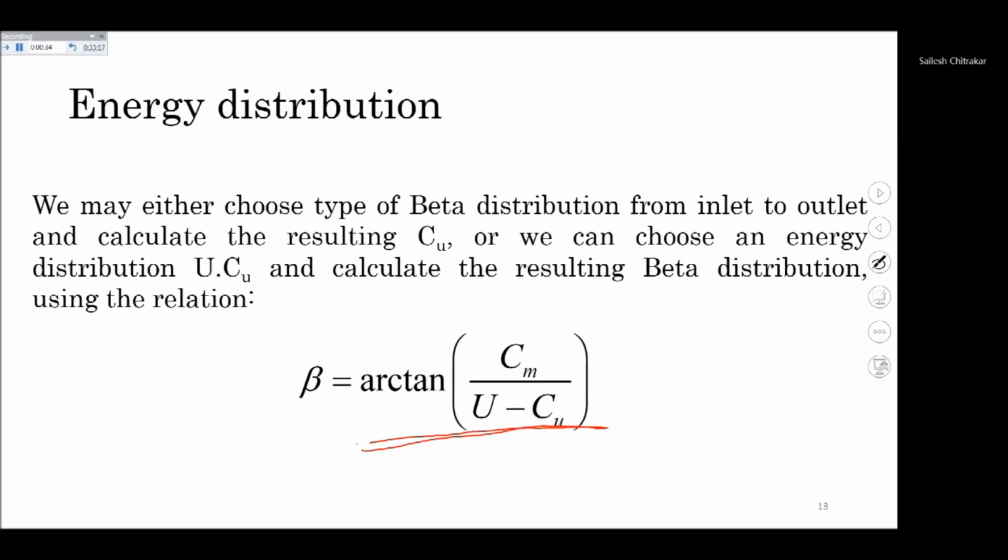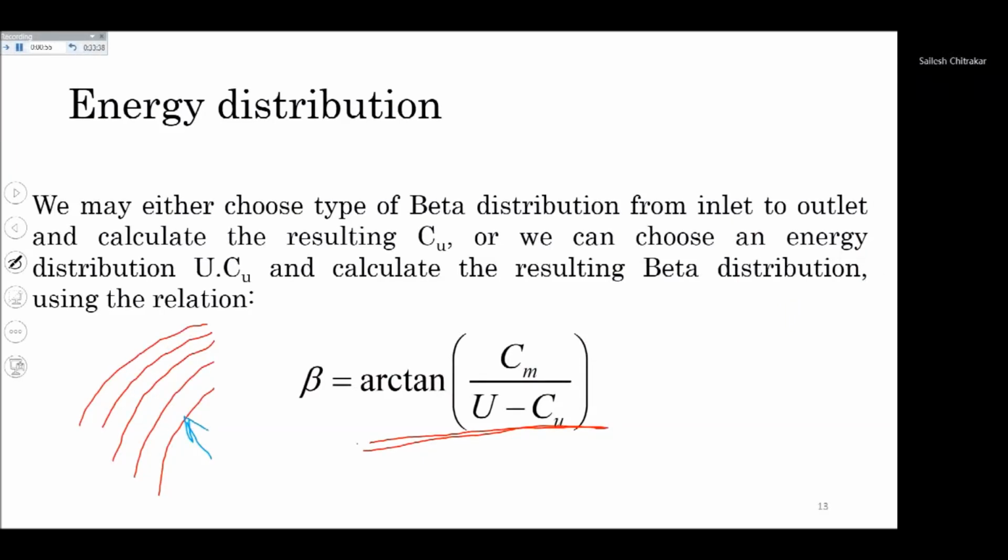So in this equation, since you have these streamlines already from the previous code, you can see that in all these points, for example, if you are taking this point, or this point, or this point, U will be different, right? So U will be equal to omega times R. Omega is the same, but the radius is different in all these points, so you will get different values of U in all the points.